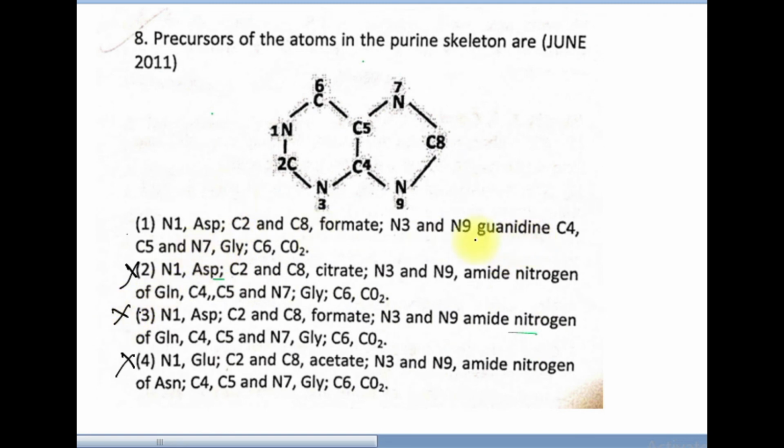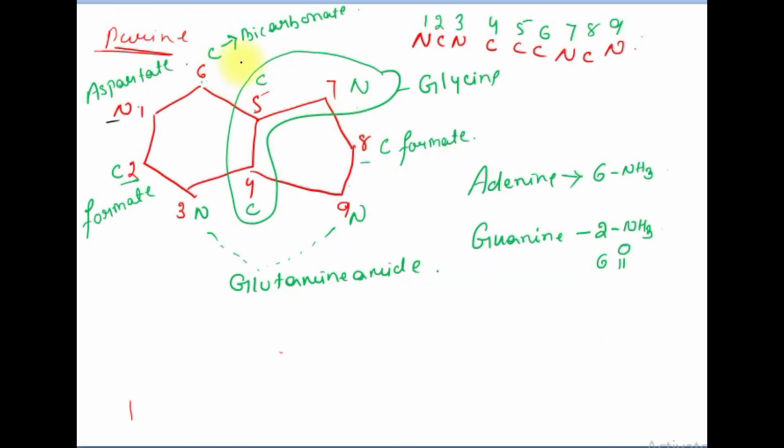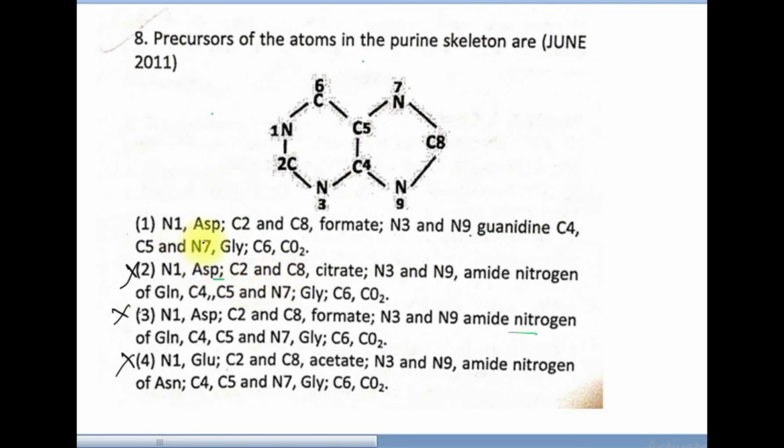And in the first option, N3 and N9 are from glutamine and C4, C5, N7 are glycine, and C6 is from carbon dioxide. Let us see this. Here we have C6 is from carbon dioxide. Bicarbonate can be written as carbon dioxide. Okay, so the first option is correct.